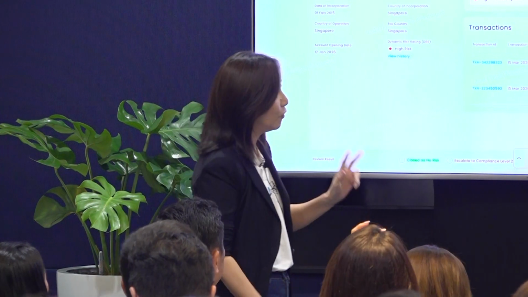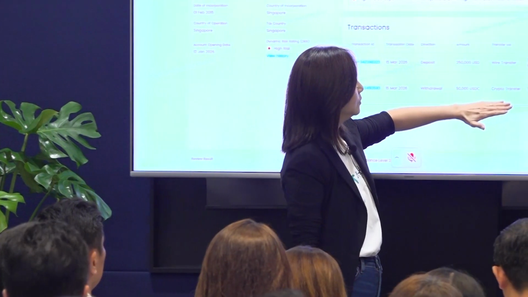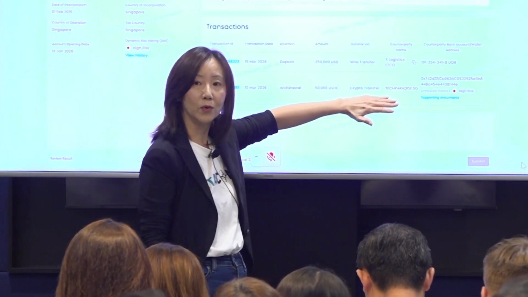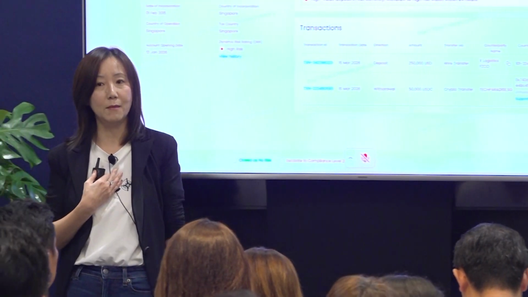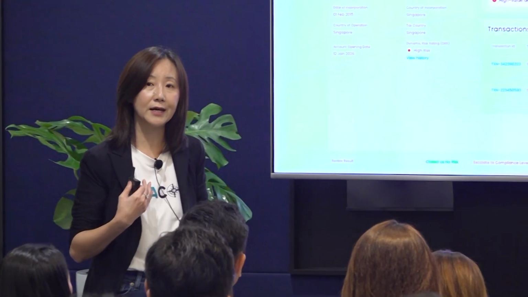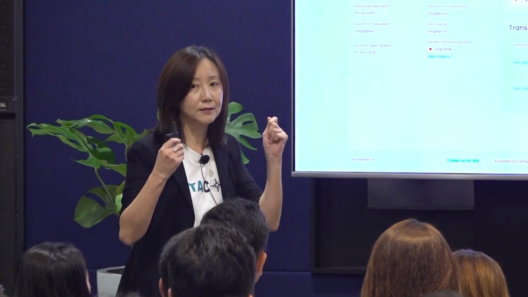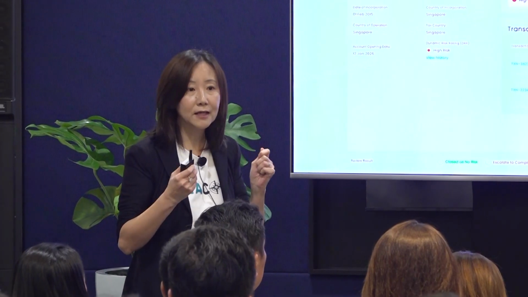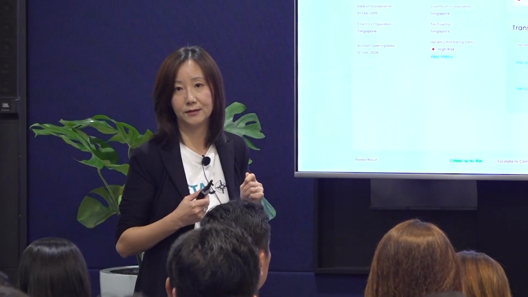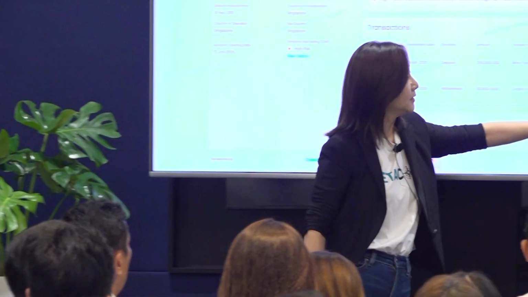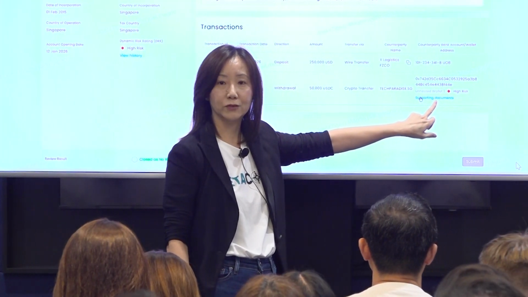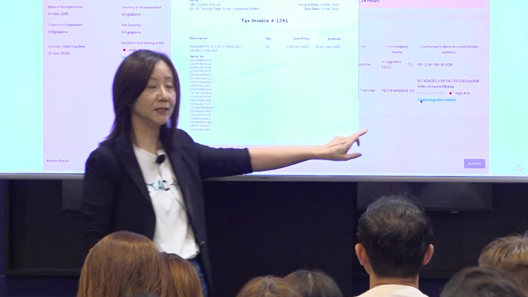Then for unhosted wallets, for each crypto withdrawal to a third party, our current compliance requirement is that we require the client to give us upfront supporting documents to validate the purpose of the transaction. That's our current requirement. Then let's see the supporting documents for this 50,000 USDC transaction.